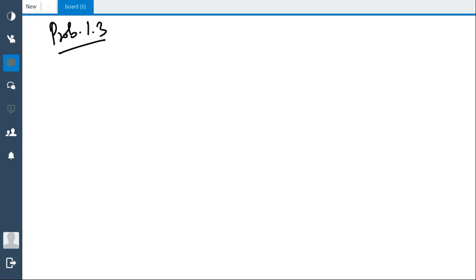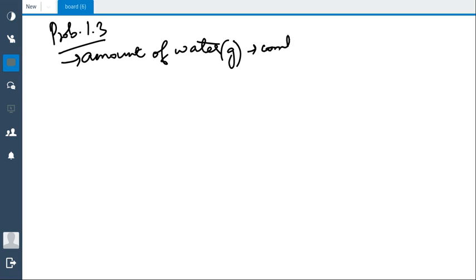The question is: calculate the amount of water in grams produced by the combustion of 16 grams of methane.